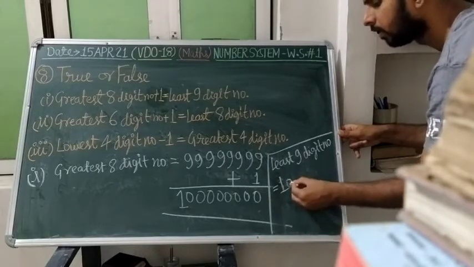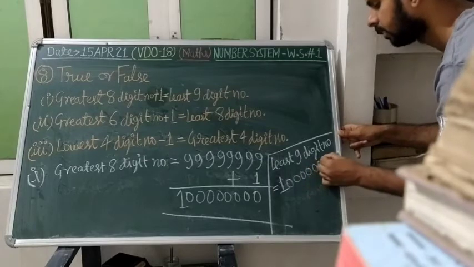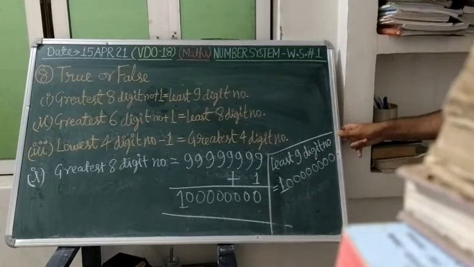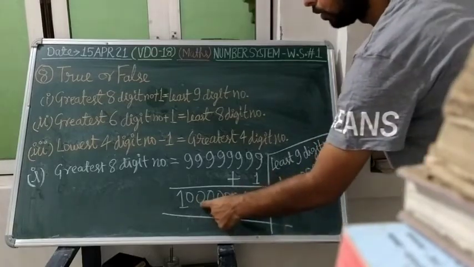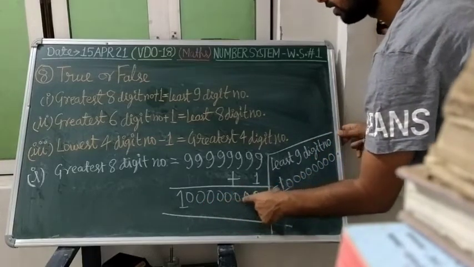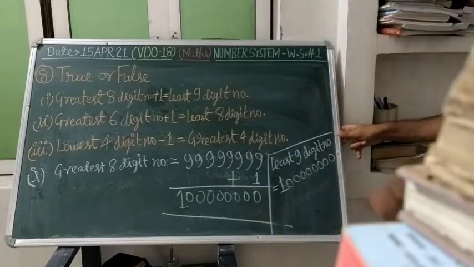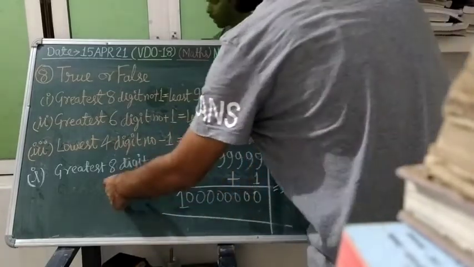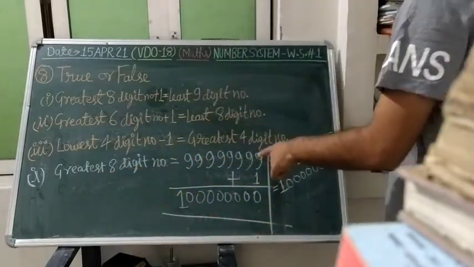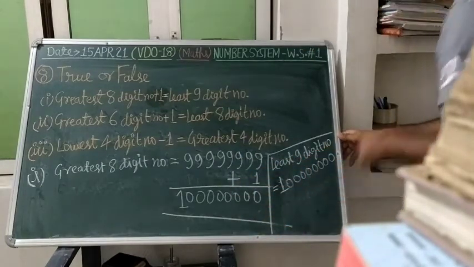Means 1, 2, 3, 4, 5, 6, 7, 8. So whether these two are equal: 8 zeros are coming here, 8 zeros are coming here. So you are looking that if in the greatest 8-digit number we add 1, it is coming the least 9-digit number.